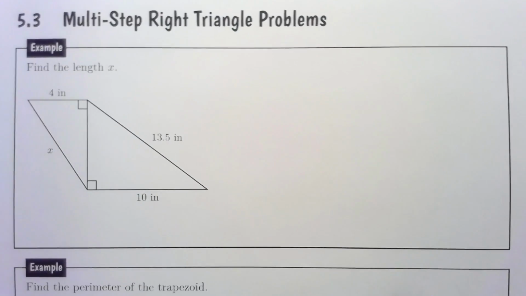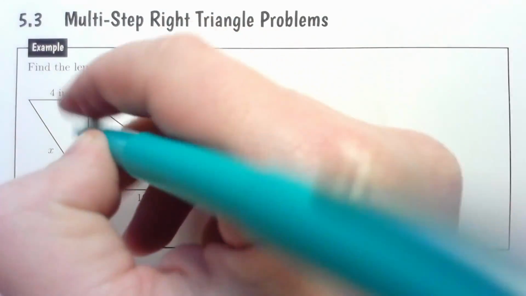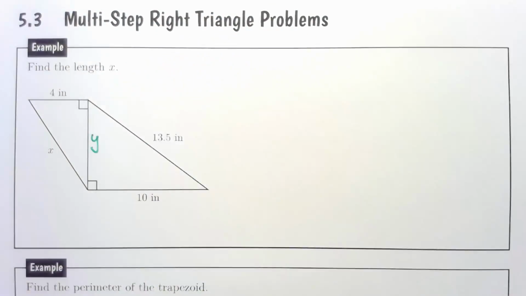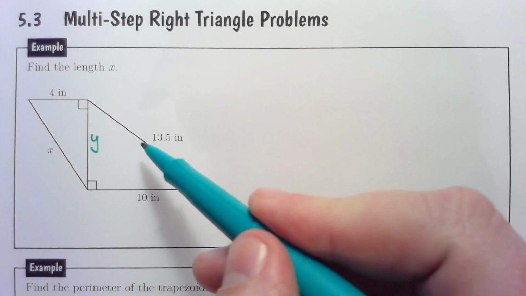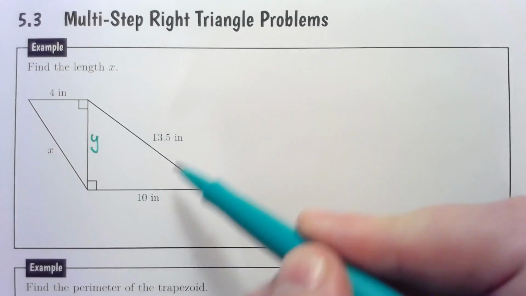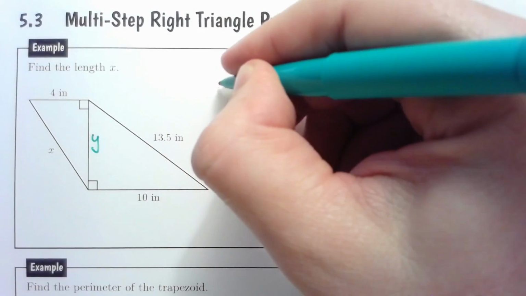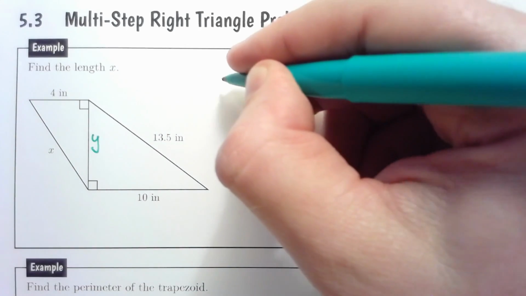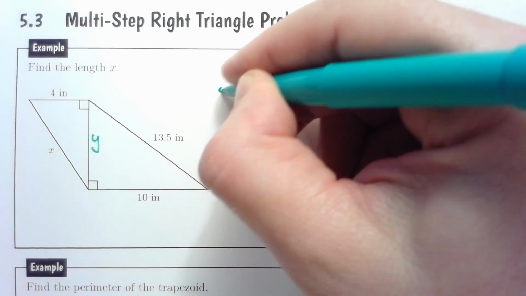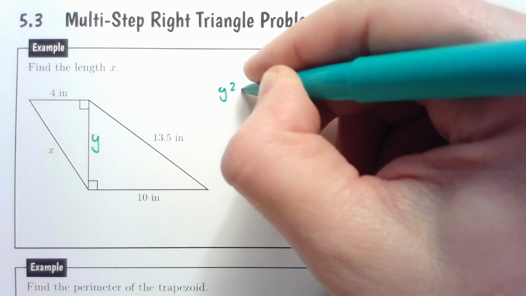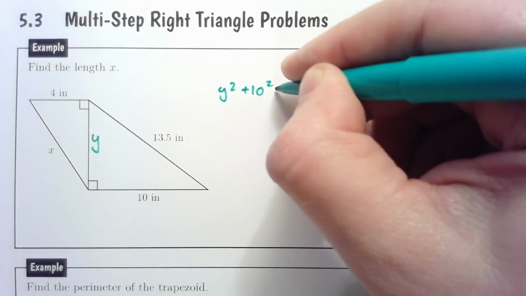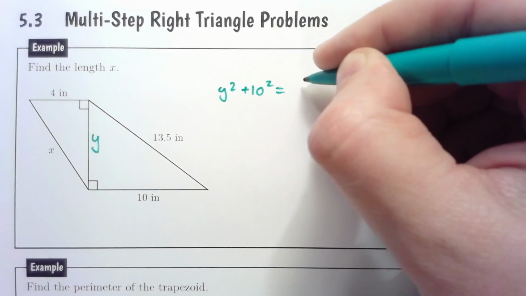So let's use a variable for this side here. I'm going to use y. I don't want to use x because x is already being used in the problem. So now we can use the Pythagorean theorem with this triangle on the right. So we know that the two legs squared, which will be y and 10, add their squares together and we get the hypotenuse squared.